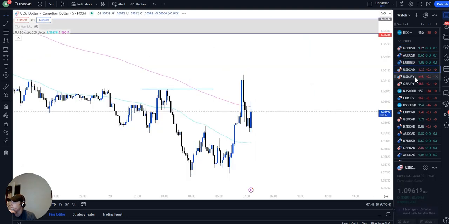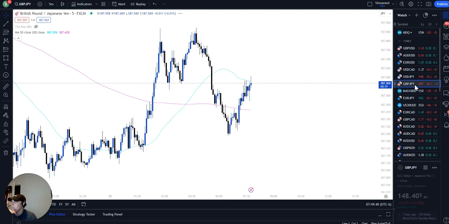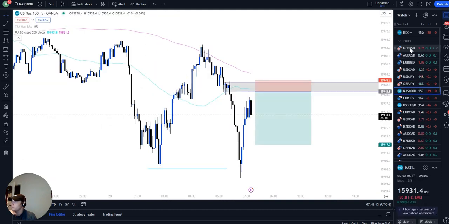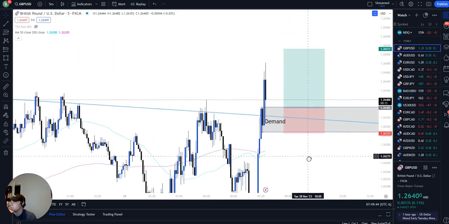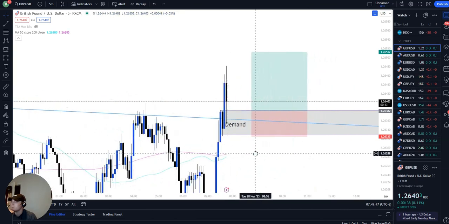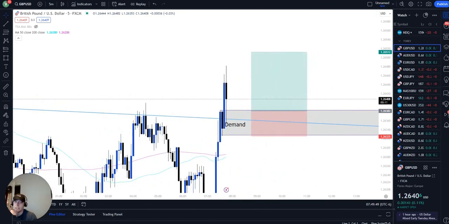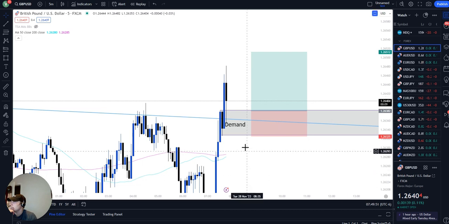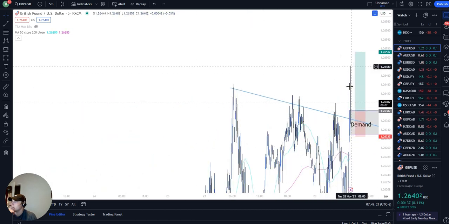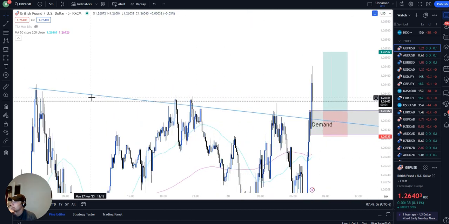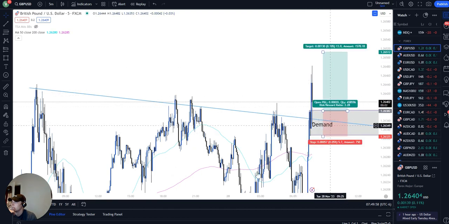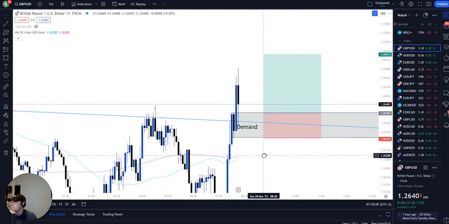This price action is just a little weird to me. It's not super clean. GU's rejecting this demand pretty nicely though, I'm not gonna lie. And this is a beautiful setup. It broke right above all this resistance here. There's a nice trend line here, kind of like a trend line retest and a demand zone.